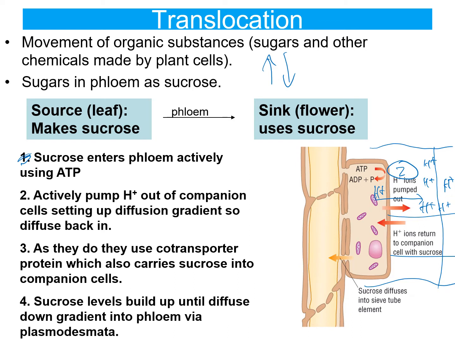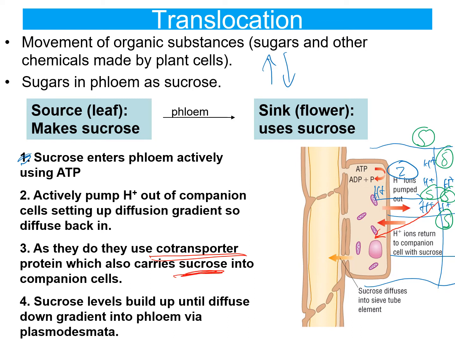However, also in those cells there is sucrose. Sucrose is not represented by the letter S, obviously, because sucrose is a complex structure, but for the minute let's imagine it is just the letter S. For the hydrogen ions to come back, they have to come through a co-transporter protein, and that co-transporter protein will only allow hydrogen ions through if they bring sucrose with them.